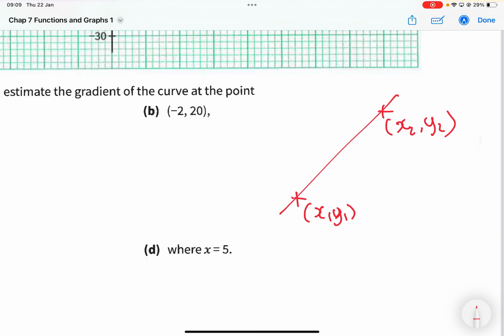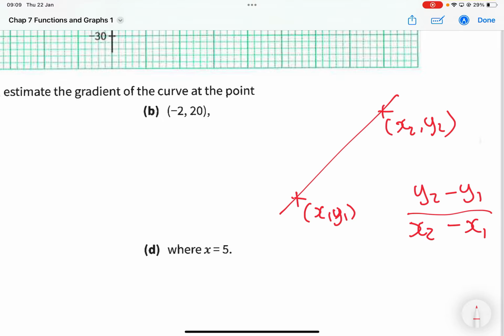Okay, later. Hey, everyone listen up. This one important. When I'm finding gradient, I am finding change in y divided by change in x. So when I put the change in y, it is up to me to put y2 in front or y1 in front. If I put y2 in front, y2 minus y1, then the bottom must be x2 in front.